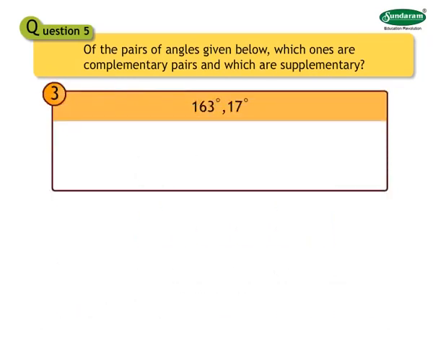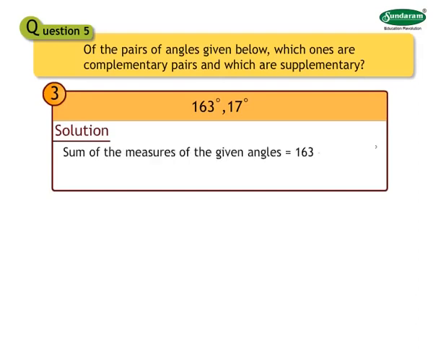Number 3. 163 and 17 degrees. Solution. Sum of the measures of the given angles is 163 plus 17, which is equal to 180 degrees. Therefore, 163 degrees and 17 degrees are supplementary angles.